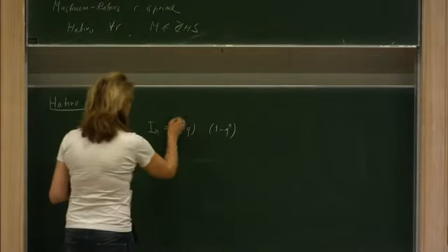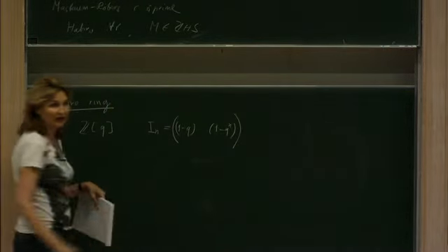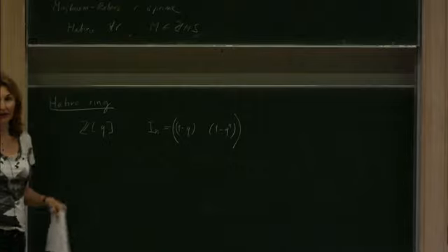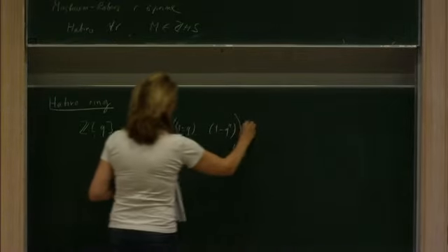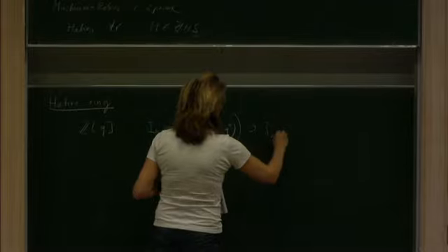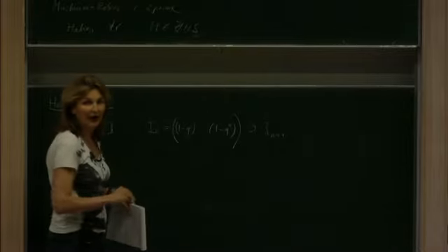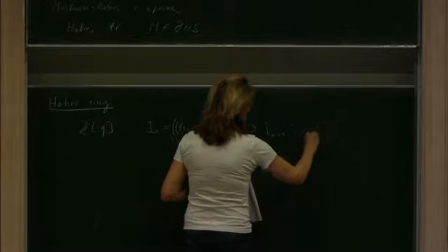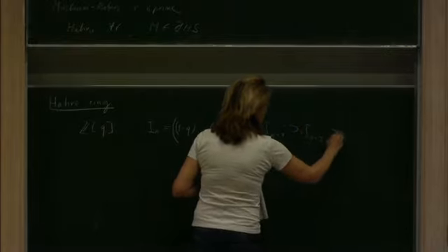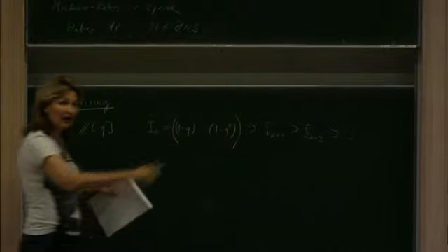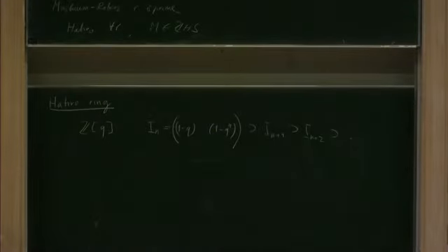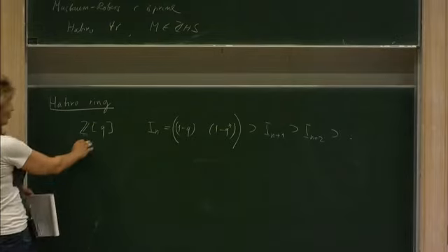So you look at the ideal generated by these products, and you call this ideal I_n. So clearly you can find I_{n+1} inside of this I_n, and you can continue in this fashion, and you will have an infinite projective system of ideals inside of this polynomial ring.